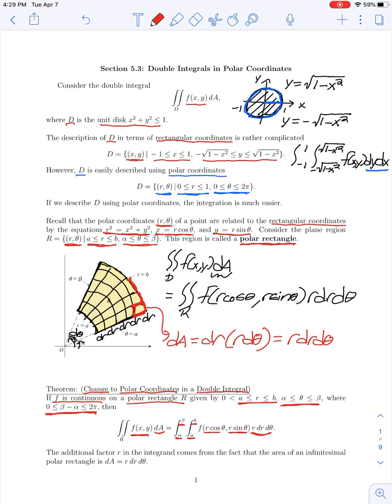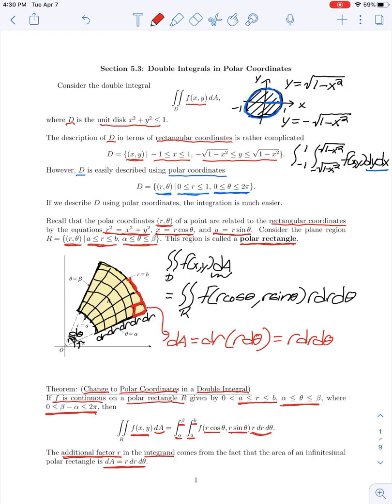It's important when we are moving to this polar coordinate system not to forget that additional factor of r in the integrand that comes from the fact that the differential of area in terms of polar coordinates is given by r dr d theta. We get that extra factor of r on the end that we want to be sure to remember when we're making this conversion. So now that we have a way to evaluate double integrals over these polar rectangles, let's look at some examples.